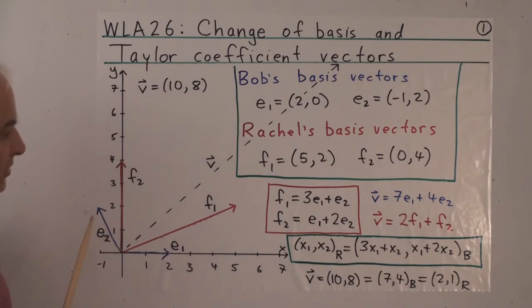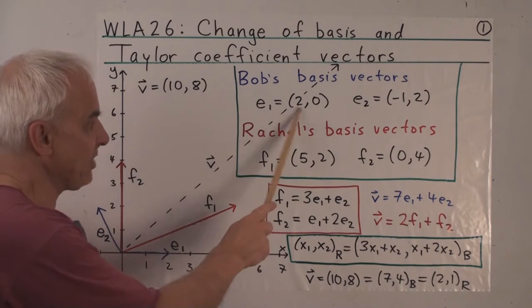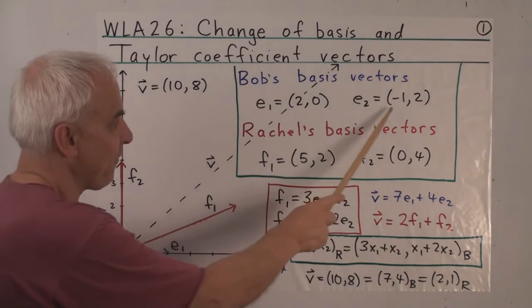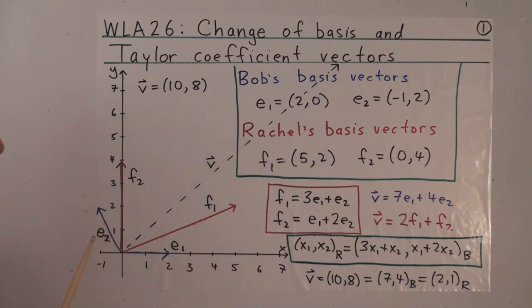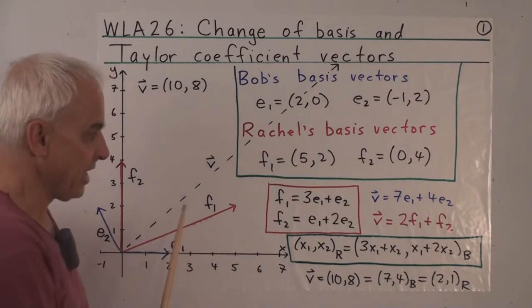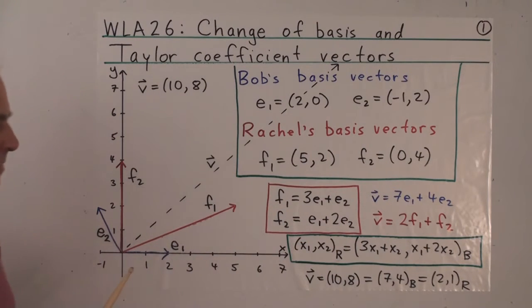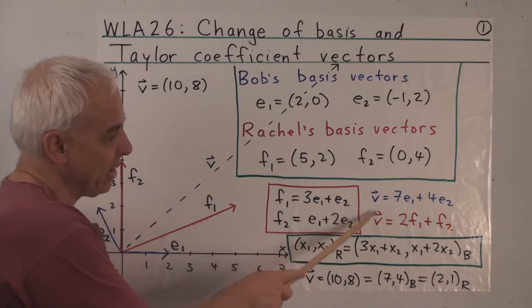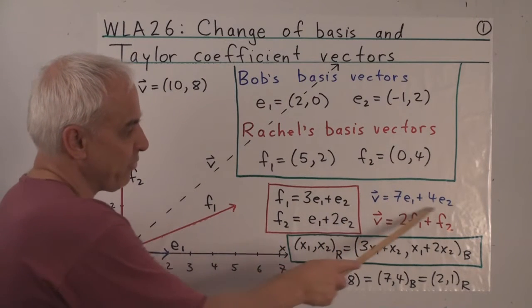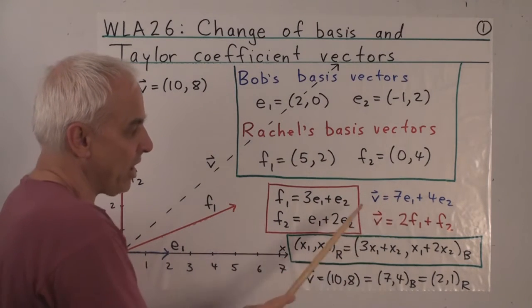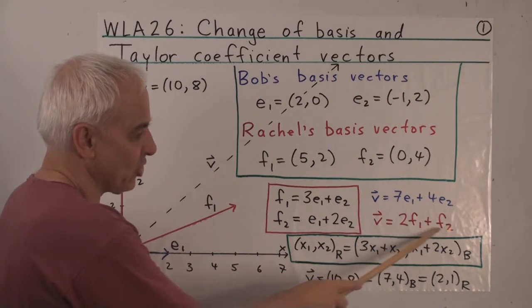So this vector V, (10, 8), can be expressed as 7 times this one plus 4 times this one. You can check that. Or it can also be expressed in terms of Rachel's vectors as 2 times this one plus this one. So we have this relation between the expression for V in terms of Bob and the expression for V in terms of Rachel.